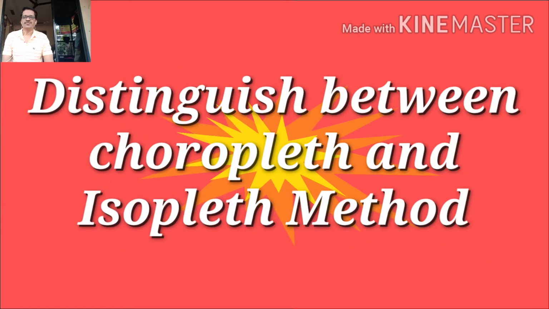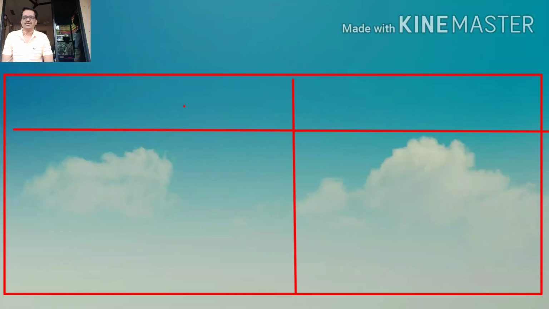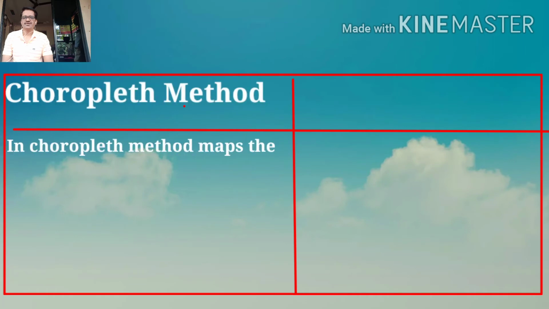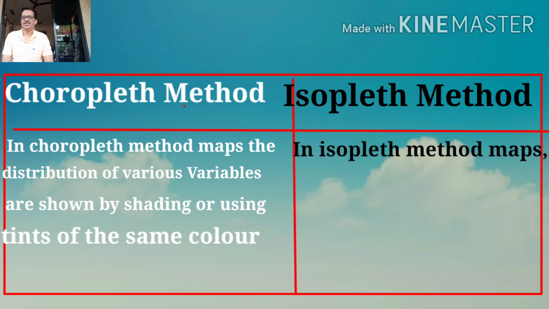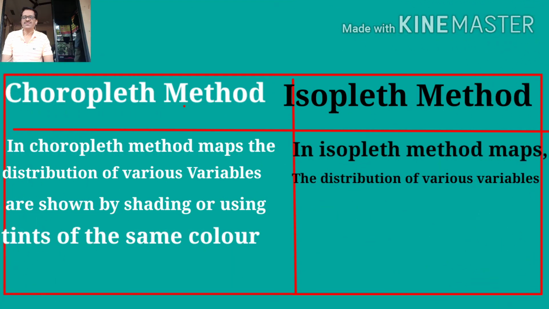Now the last point is distinguish between choropleth and isopleth method. In choropleth method maps, the distribution of various variables is shown by shading or using tints of the same color, whereas in isopleth method maps, the distribution of various variables is shown with the help of isolines.